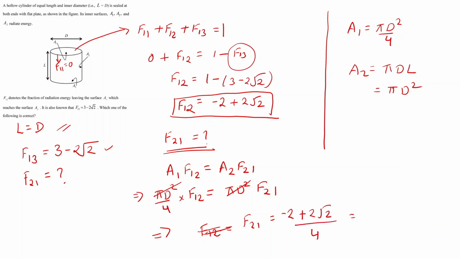You can simplify this as root 2 minus 1, 2 will cancel. So this is our final answer, root 2 minus 1 upon 2.